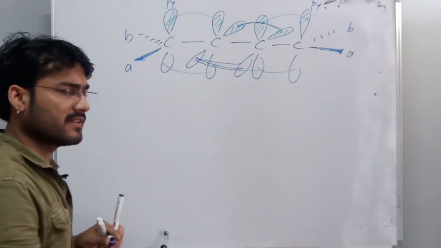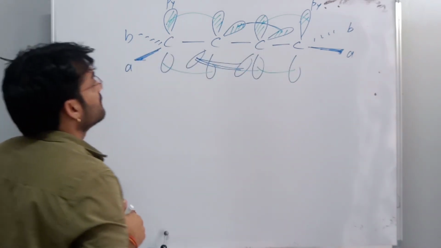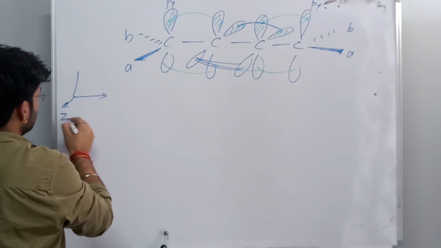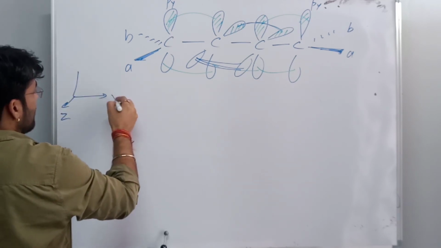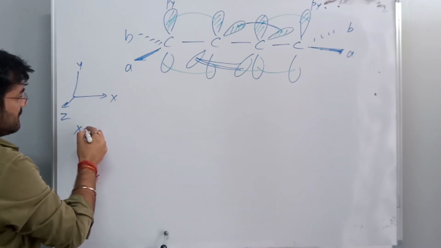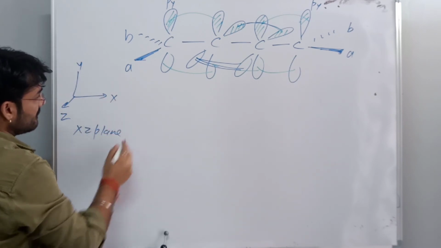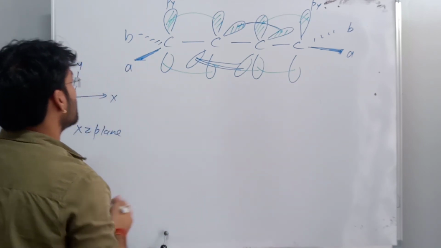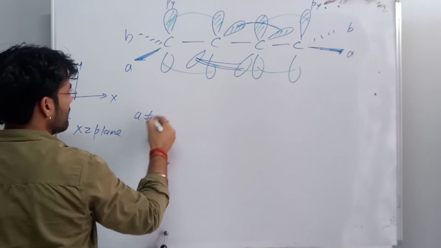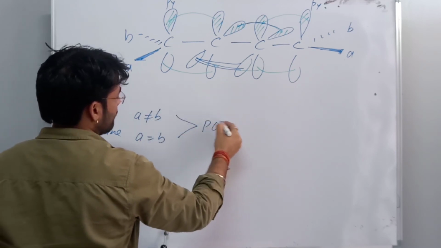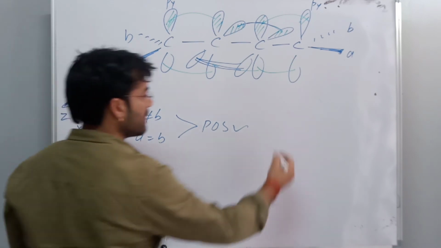Whether it's 3 or 5, it doesn't matter. It will become the same because a plane of symmetry will exist. How will it exist? X, Y, Z: if you want, just use the XZ plane. It will bisect this molecule. Whether it is A equal to B or A not equal to B, in both cases a plane of symmetry will exist and the compound becomes achiral.